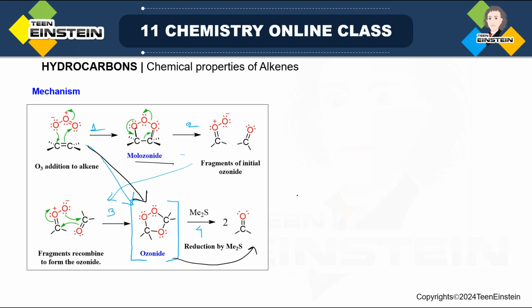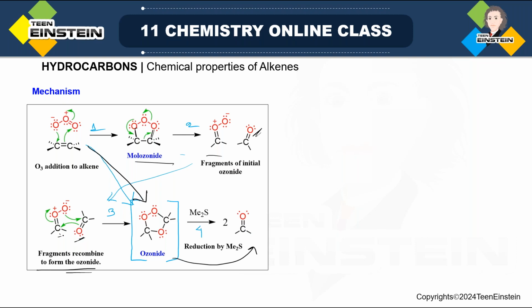Then this is fragmented. Just follow the green arrow, it will help you understand what type of fragments you are getting. The same fragments are written again here: fragments now recombine to form the ozonide. When it is recombining, see, this oxygen's direction is now towards this carbon.